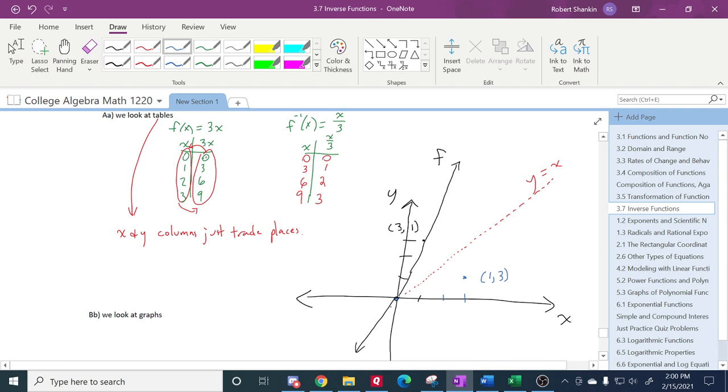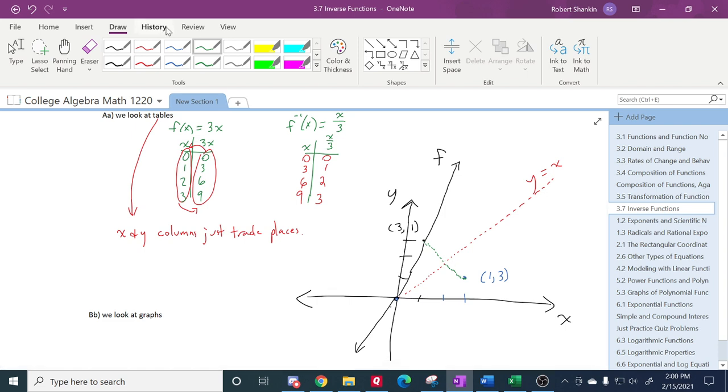If it's off the line y equals x, what we do is we take a line perpendicular to this dotted line. So this forms a 90-degree angle. And we go the same amount in this direction down here till we land at what's called the image point. This point comes across and comes to its image point right here. Now my picture doesn't look very good, but this should be the same length perpendicular over to this one. Okay?